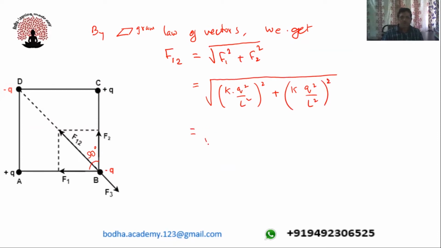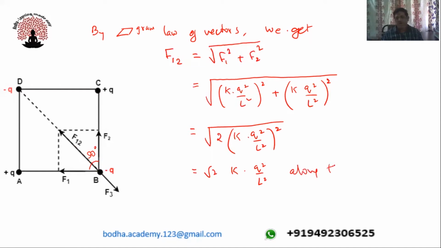On simplification, we can write it as root 2 into K into Q square by L square. And the direction of this will be along the diagonal BD.